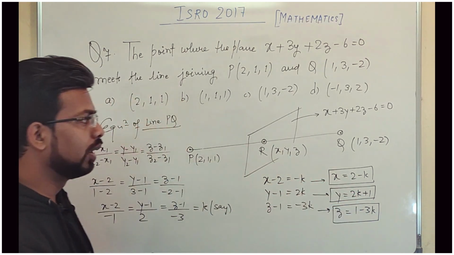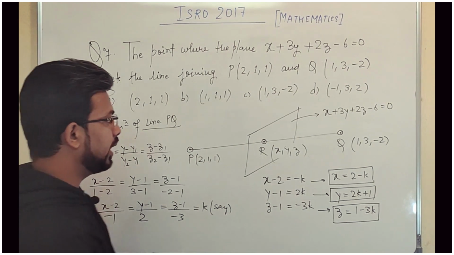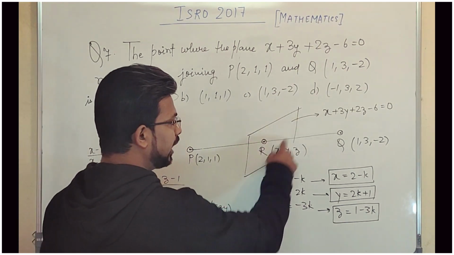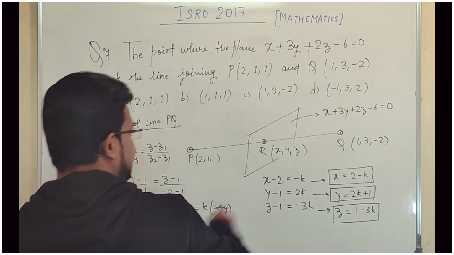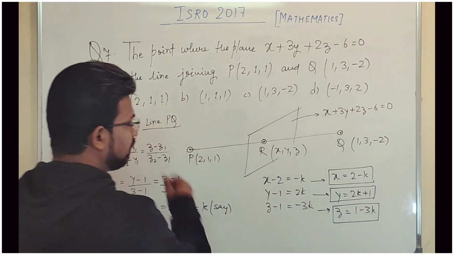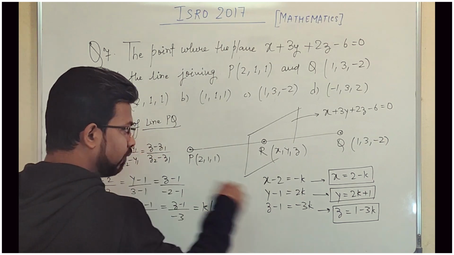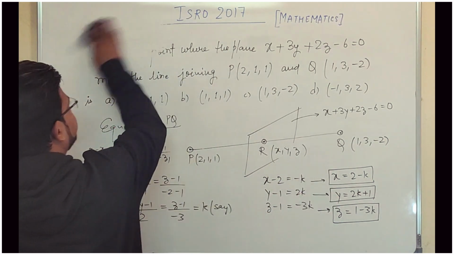Cool. So here we have got the coordinates of x, y and z as 2 minus k, 2k plus 1 and 1 minus 3k. But one thing you should note here, that since this point falls on this plane, this point has to satisfy this condition. So we'll be substituting all these values out here, and we'll be getting the value of k, and then we'll find the values of x, y and z.